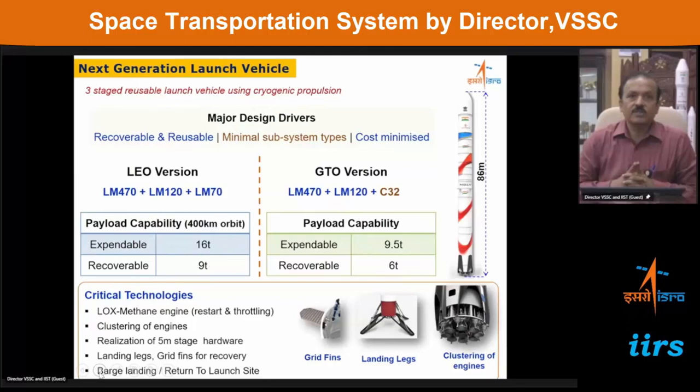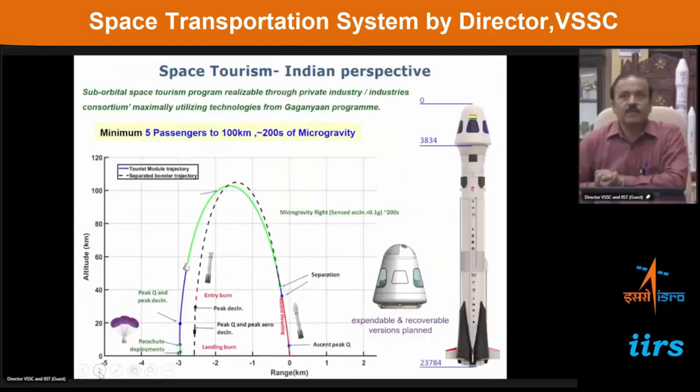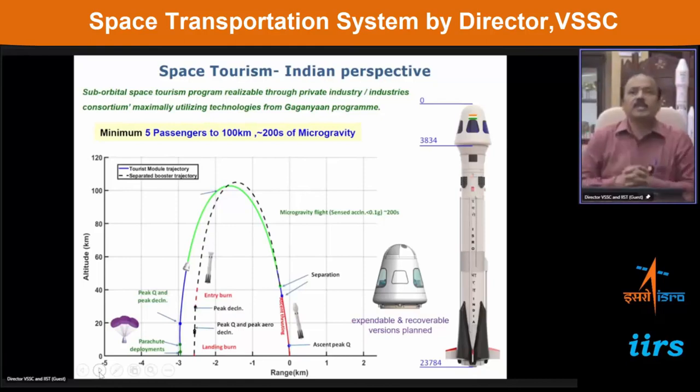the test vehicle, and using the Gaganyaan module at the top of it, we can take this capsule to say 100 kilometers. 100 kilometers is known as the edge of space, called the Von Karman line, and we can go there and then it is just coming back as shown here.